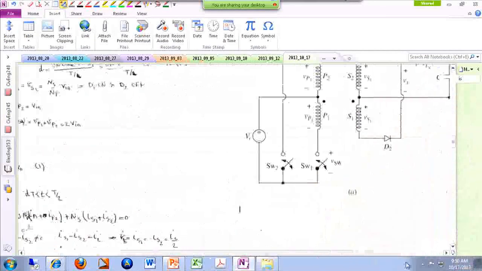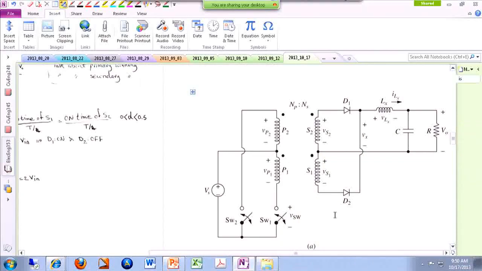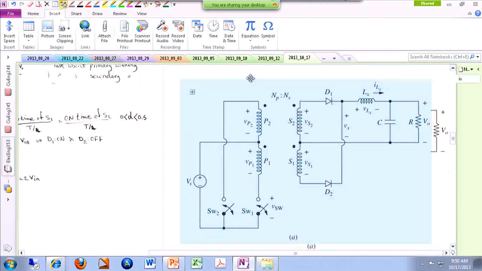All right. So what's happening in this topology is the primary side winding is center tapped, and also the secondary side winding is center tapped. By center tapped I mean, let me use different notations.